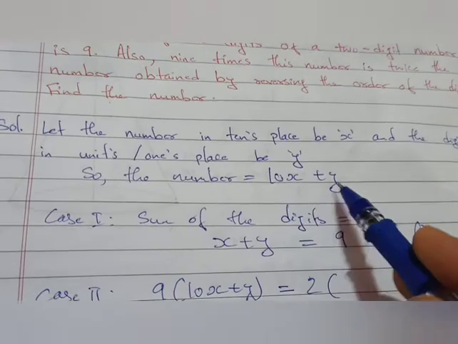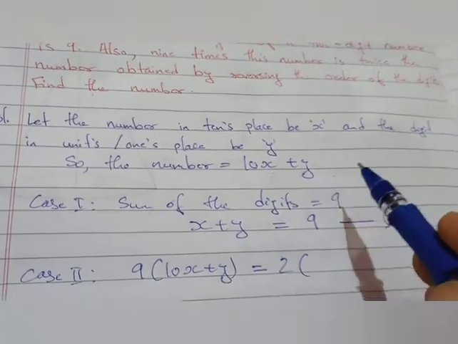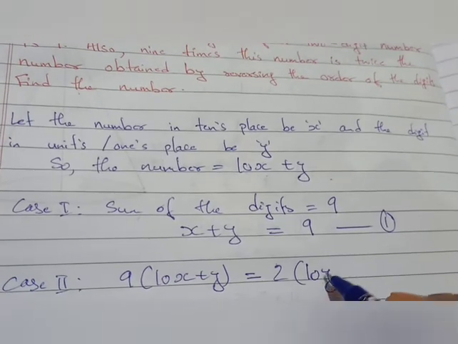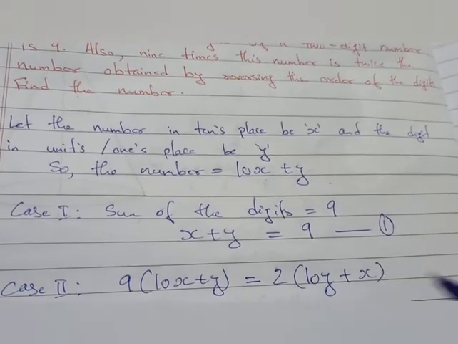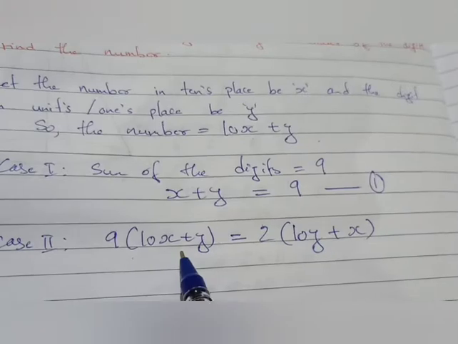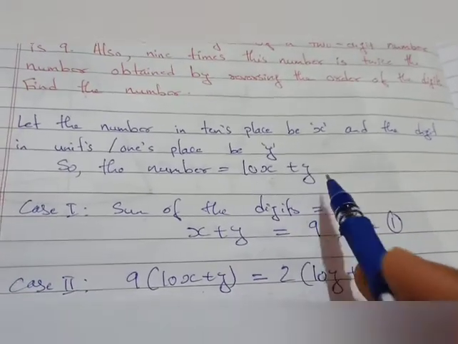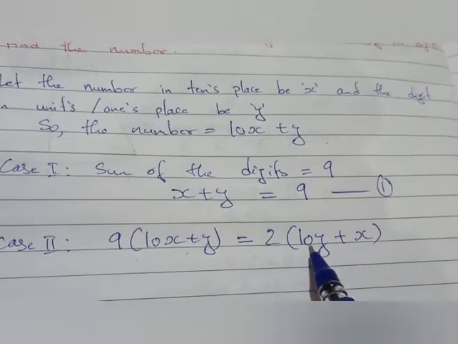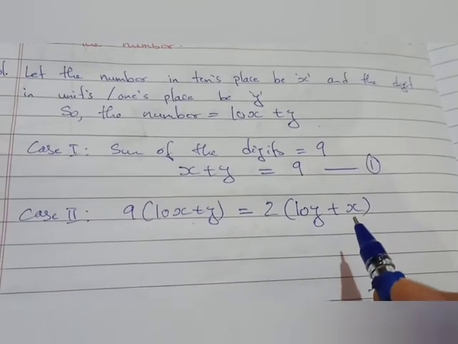That means x and y will switch their places. The digits will reverse their places. So in place of x we'll write y, and in place of y we'll write x. 9 times the given number is twice the number obtained by reversing the digits. So this is as per the second condition.